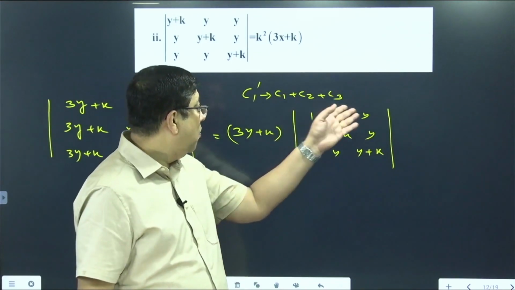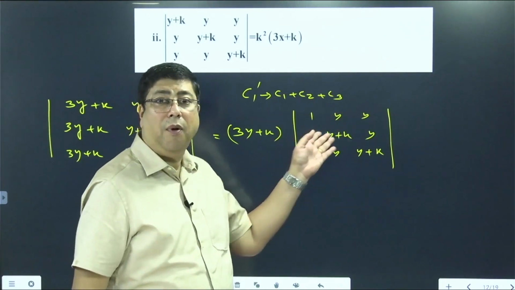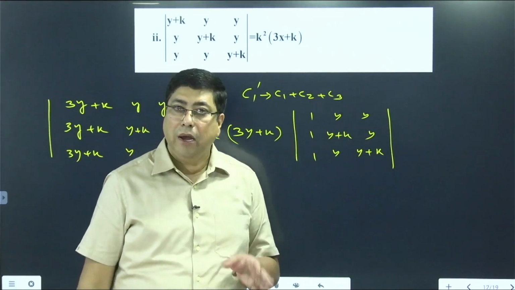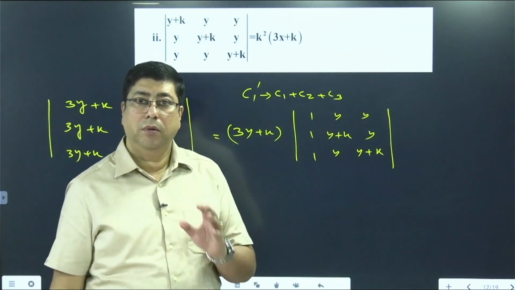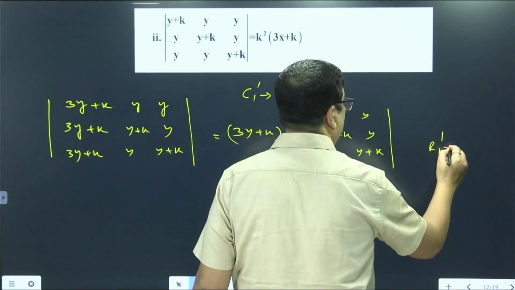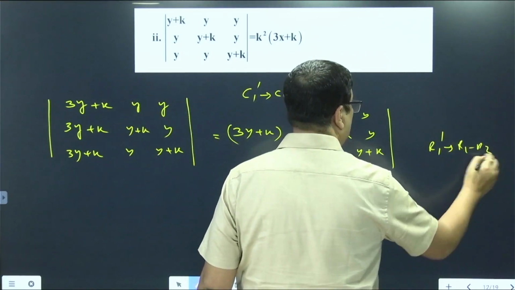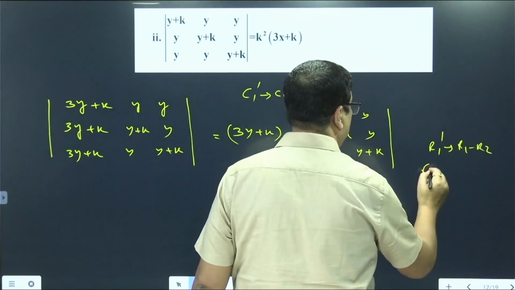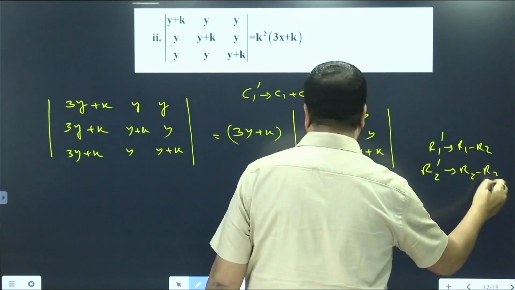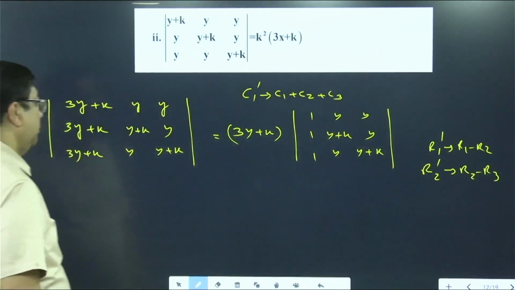Better on R1 make operation R1 minus R2 and on R2 minus R3, because our target is to get number of zeros. So on R1 make R1 minus R2 and on R2 make one operation R2 minus R3. Let's see what is coming.